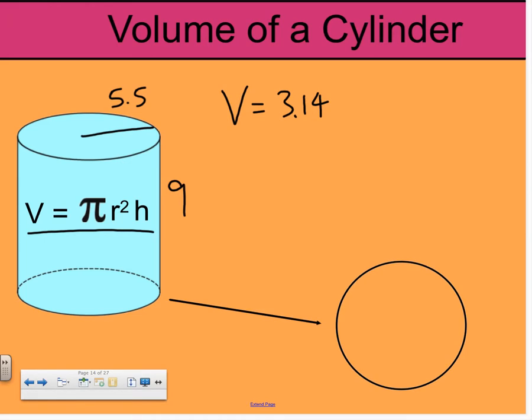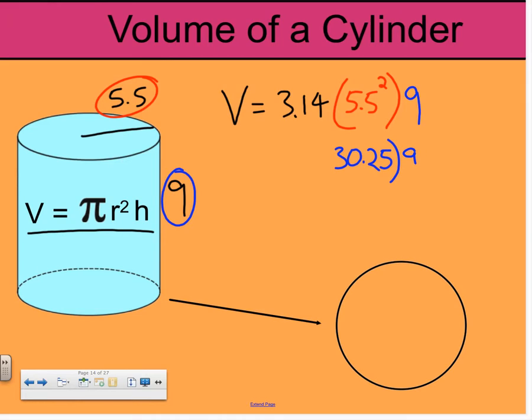I know the radius is 5.5, and remember that has to be squared. And I know the height is 9, so we'll multiply by 9. Okay? So now it's just a matter of doing the calculations. So if I do 5.5 squared, I get 30.25. And then I'm still going to multiply that by 9 and 3.14.